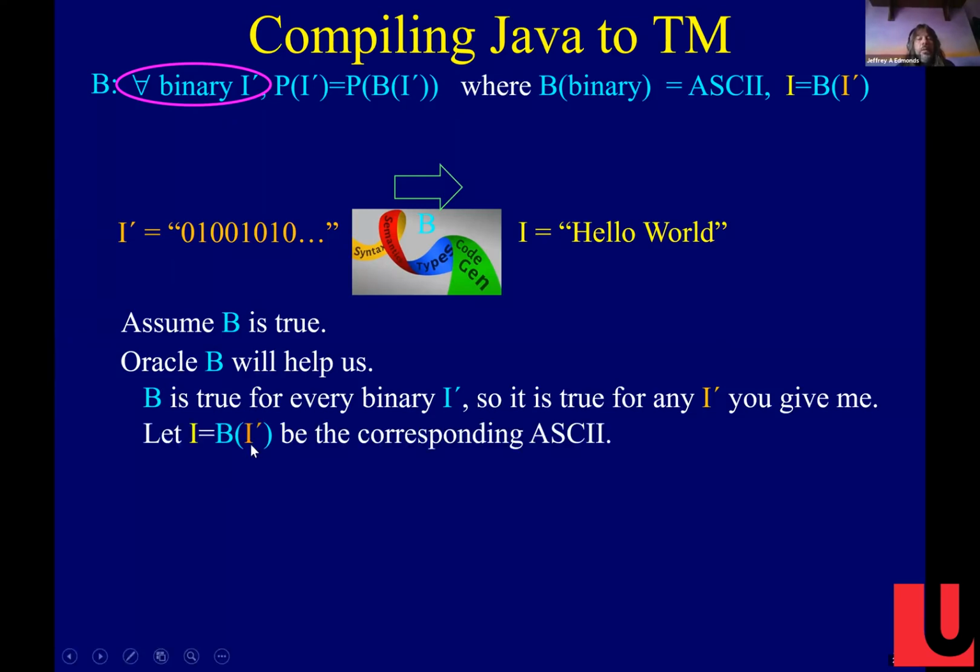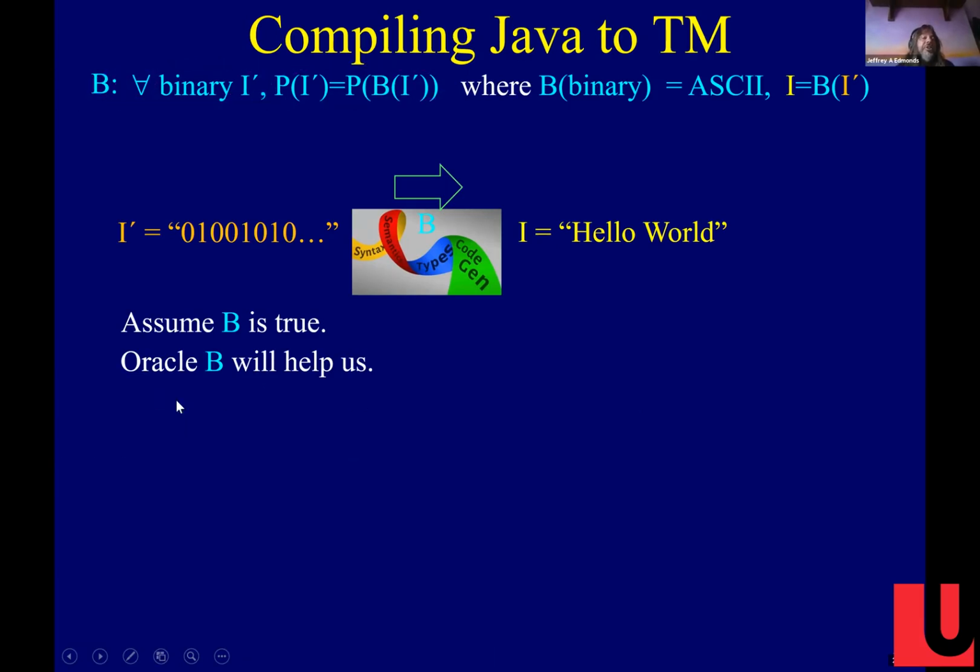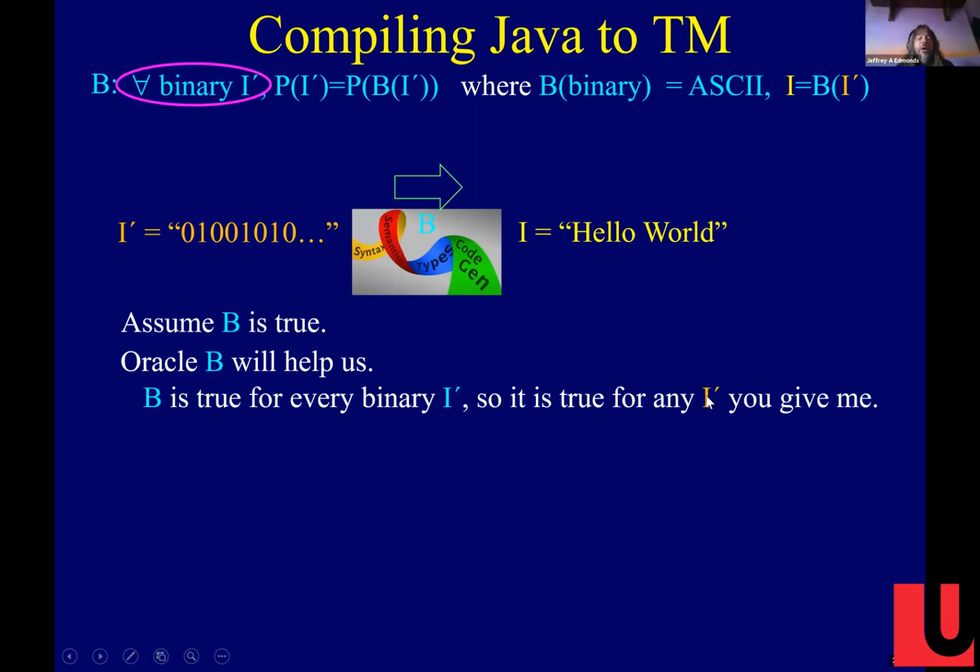So I'm going to give her some... Oh, so here I got ahead of myself. Here, it's true for every binary string. So I'm going to give her a binary string, right? And then what's she going to do? She's going to take the binary string that I gave her and convert it into an ASCII string, right?